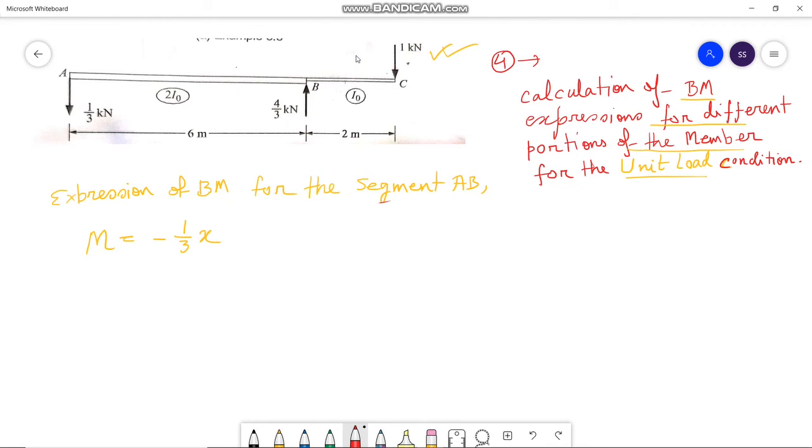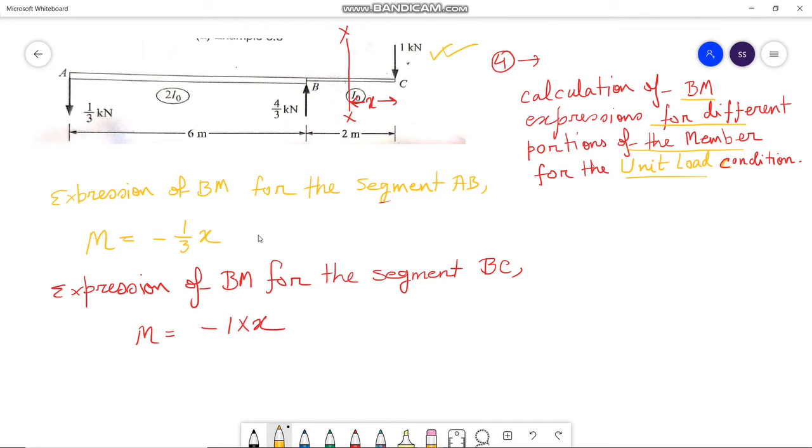Now let us put the XX section at a distance x from point C, and the expression of the bending moment for the segment BC with respect to the section XX, we have m equals to minus 1 into x. Here we have taken sagging moment as positive and hogging moment as negative.